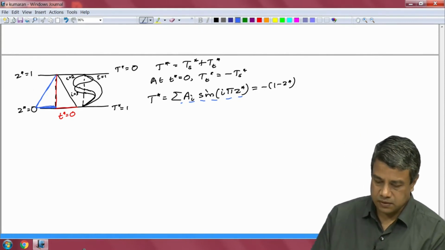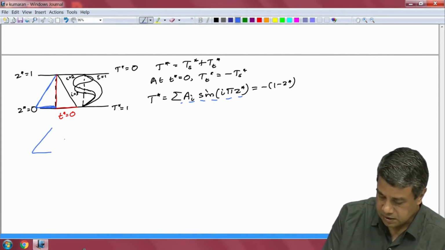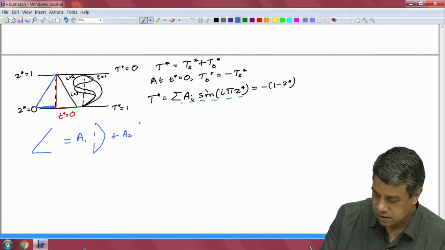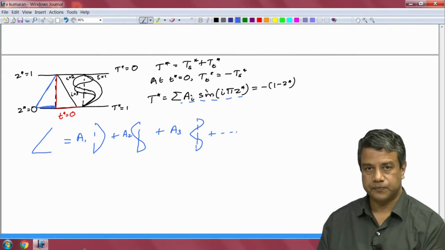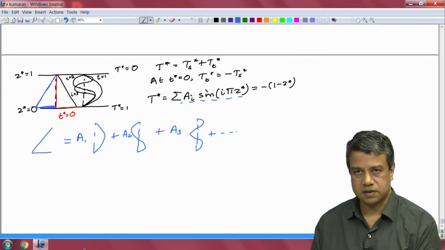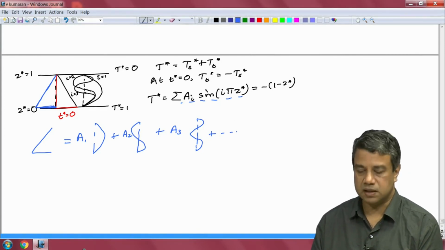So, basically what I am saying here is that this initial profile is equal to some coefficient times this one plus some coefficient times this plus some coefficient times this plus etcetera. And this discontinuous function I am expressing as the sum of continuous functions, and I am getting the coefficients in this series uniquely, using the orthogonality relation.